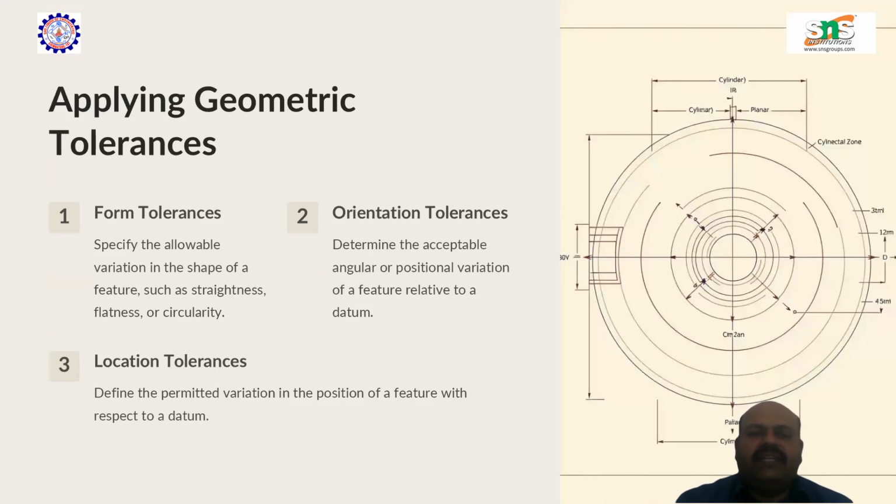So, applying geometric tolerance. Tolerance is nothing but this: whenever a product is manufactured from a drawing, there may be a possibility of not achieving the dimensions exactly as mentioned. For example, a 30 mm diameter shaft manufactured or fabricated in a lathe.